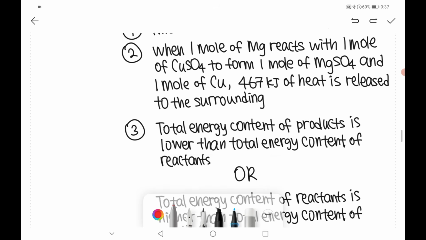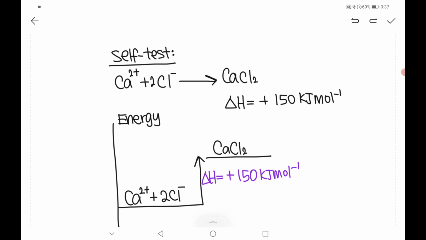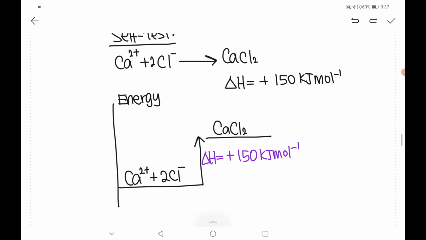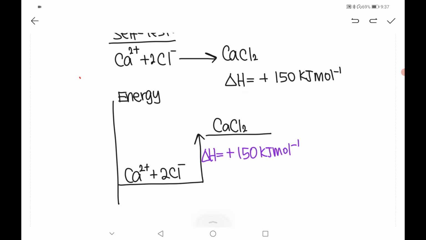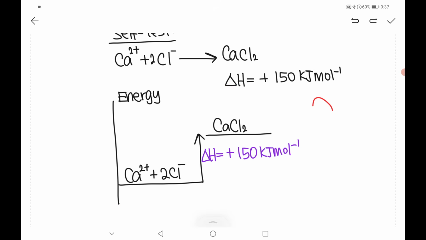Now, same thing, I would like you to try the self-test. You are given an energy level diagram. I want you to give me the three pieces of information. Write down the three pieces of information that you can get from this energy level diagram.